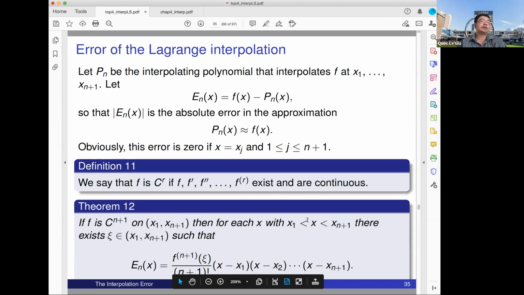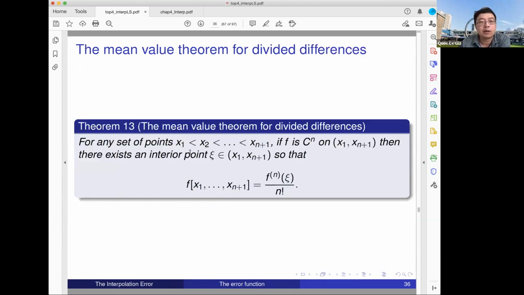So how do we prove this theorem? Proving this theorem is a bit tricky, but you can prove it in 2 steps. The first step is we prove the mean value theorem for divided differences.